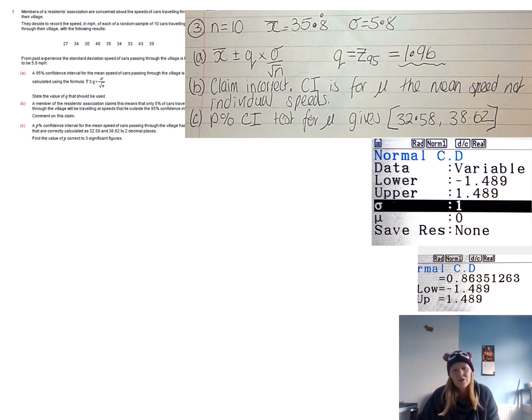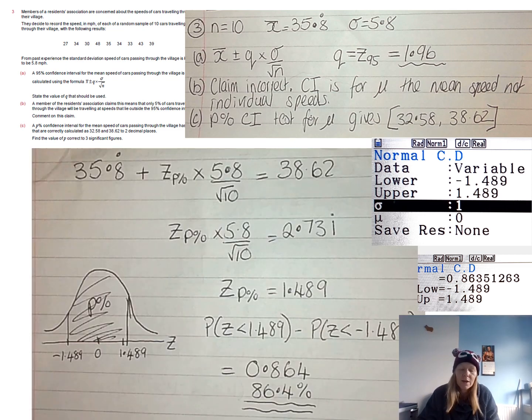You're told in the question that the confidence interval limits are 32 and 38. Well, this is how you tackle it, maybe, or you've got another way that works fine. I've done it by looking at just the upper limit. If we're calculating the upper limit, it would be x bar plus some z percentage times standard deviation over root n, and that equals that upper limit.